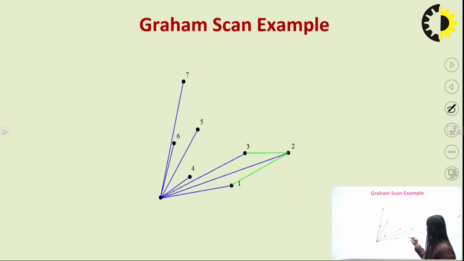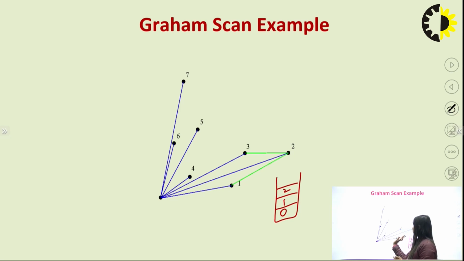Next, now in the 0, 1, 2. When I am here on this point, I am always going counterclockwise, right? Counterclockwise means I am taking points from this point, like this, from 1, 2, 3, 4, 5, 6. That's why I marked all these points with the blue color, right?